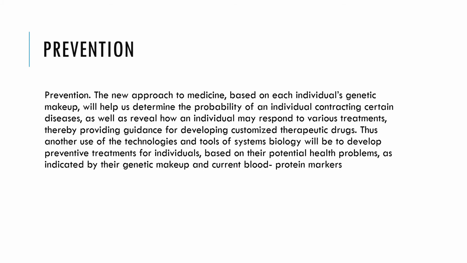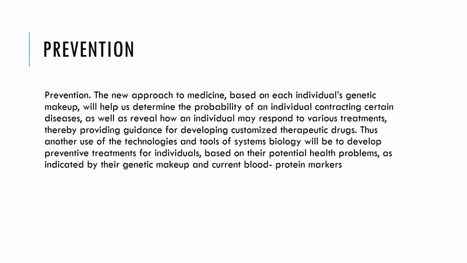Now, that was prediction. Now, prevention is a new approach that we're seeing that, again, we're looking at the individual's genetic makeup, and it will help us determine whether people are at risk for certain diseases. And more importantly, even with epigenetics and genomics, the different genomic fields, the omics revolution, as it's called, how an individual will respond to various treatments.